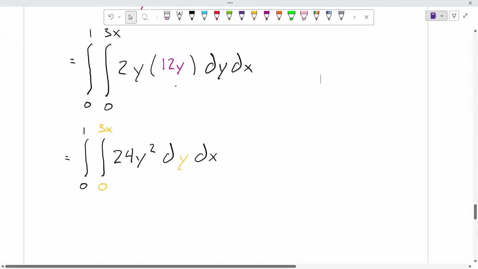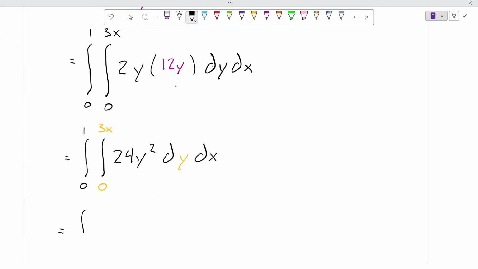Okay, there's still enough space. So if I integrate that thing, what are we going to get? Well, 24y squared is going to integrate to 24y cubed over 3, or 8y cubed.